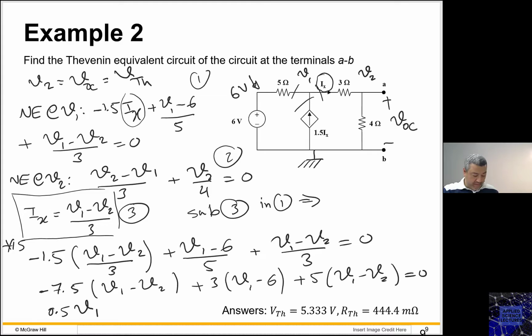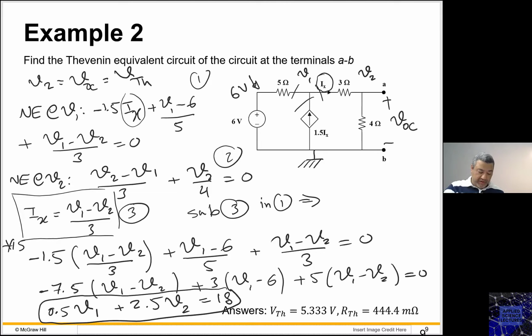I have 7.5 V2 minus 5 plus 2.5 V2, right, equals 3 times 6, which is 18. Go to the other side: 3 times minus 6 is minus 18, goes to the other side, becomes 18. So this is the equation.